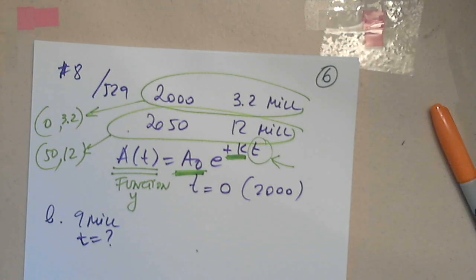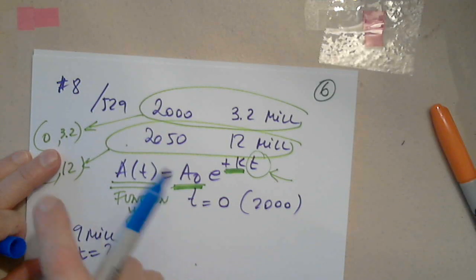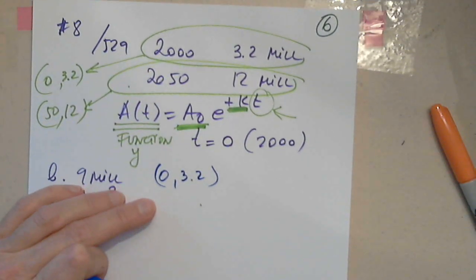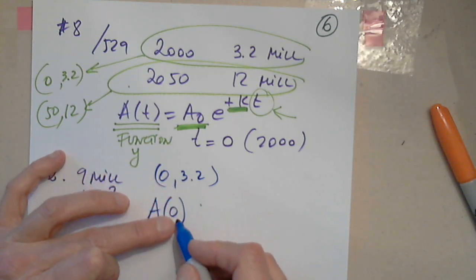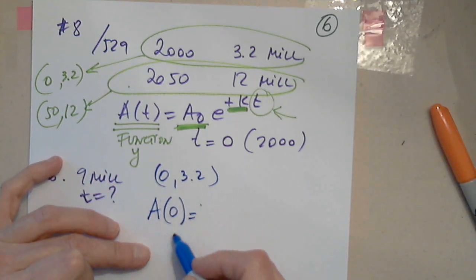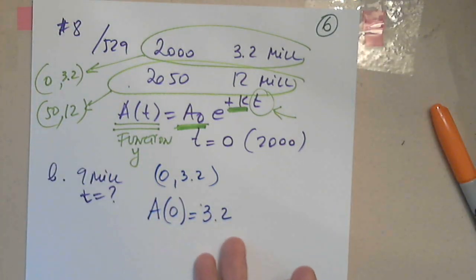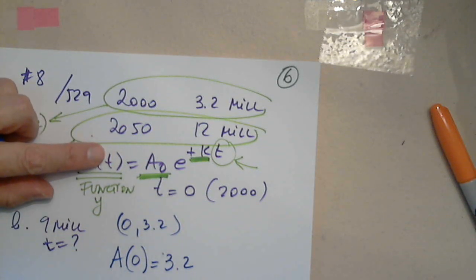So our first step would be to think in terms of this point, 0, 3.2, really means that when the independent variable is 0, the dependent variable is 3.2. And I can create this equation. The left-hand side is a of 0, which is 3.2.